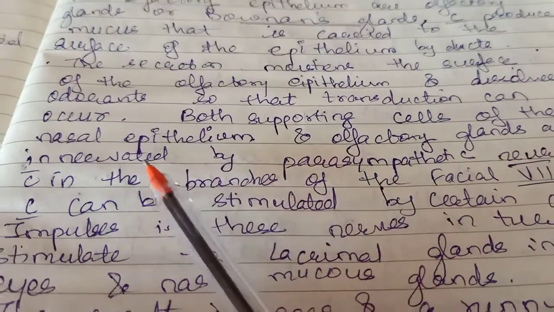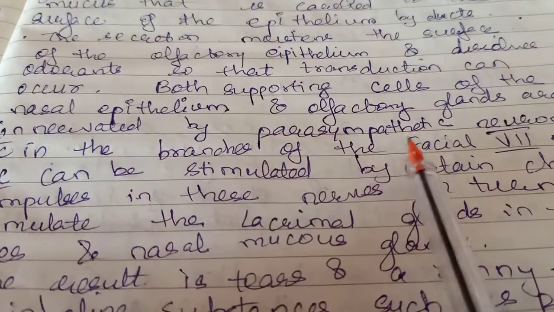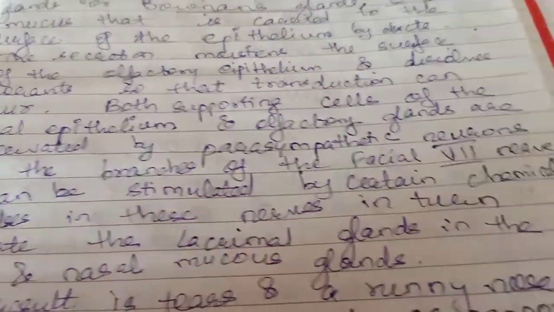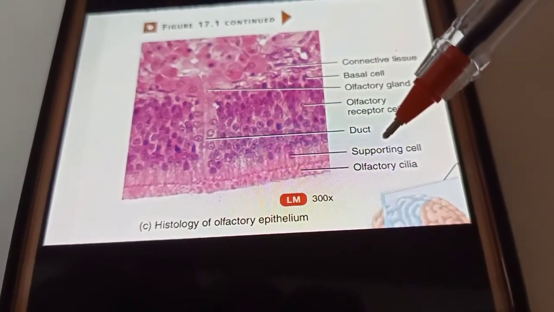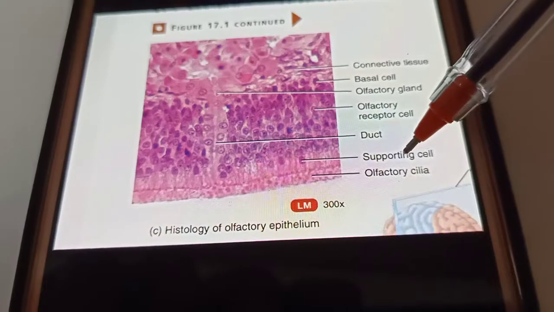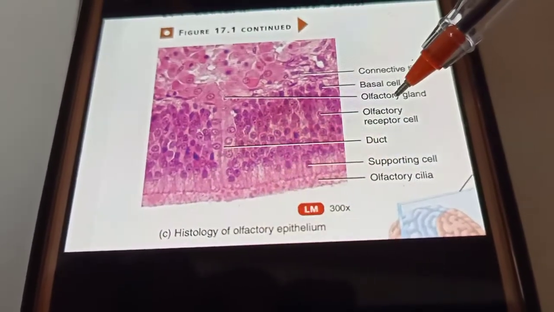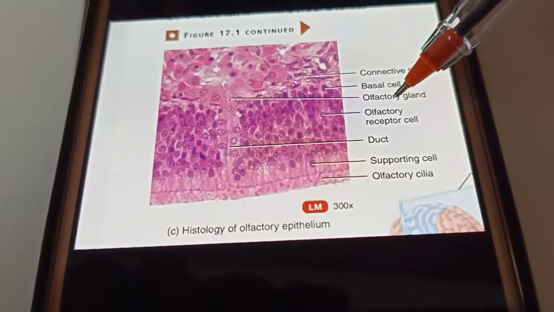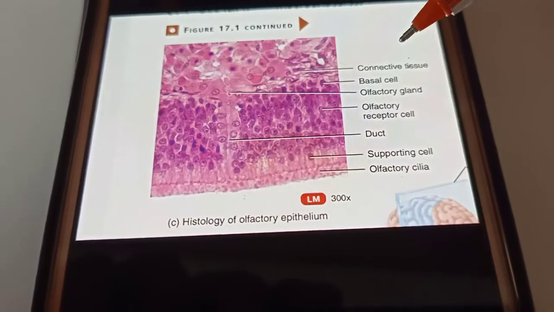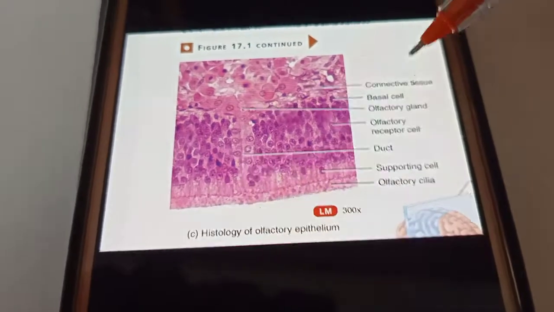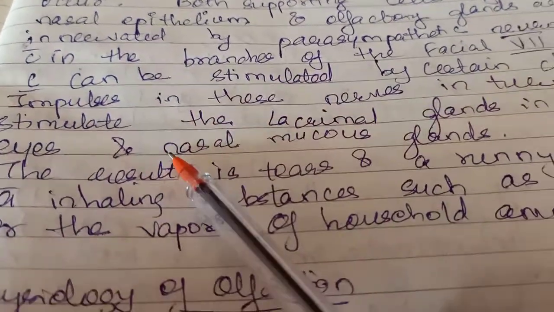Both the supporting cells of the nasal epithelium and the olfactory glands are innervated by parasympathetic neurons. They are innervated by what? The parasympathetic nervous system, of which the facial nerve, the seventh nerve, can be stimulated by certain chemicals.